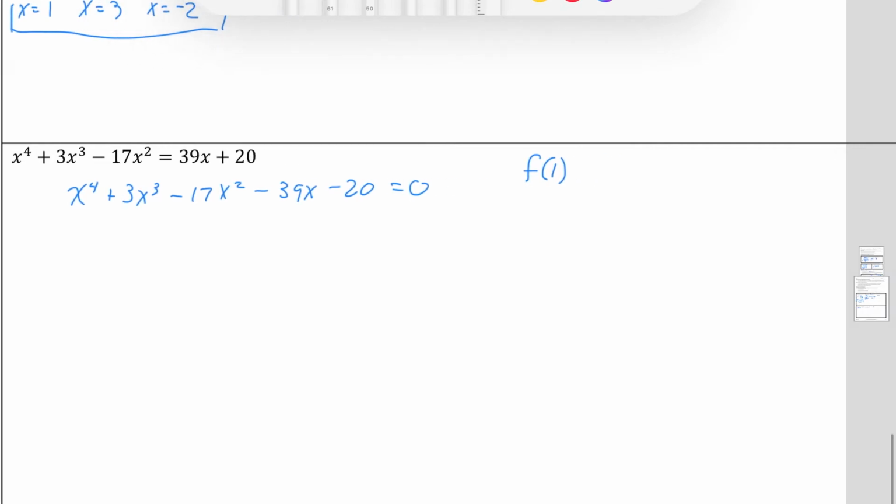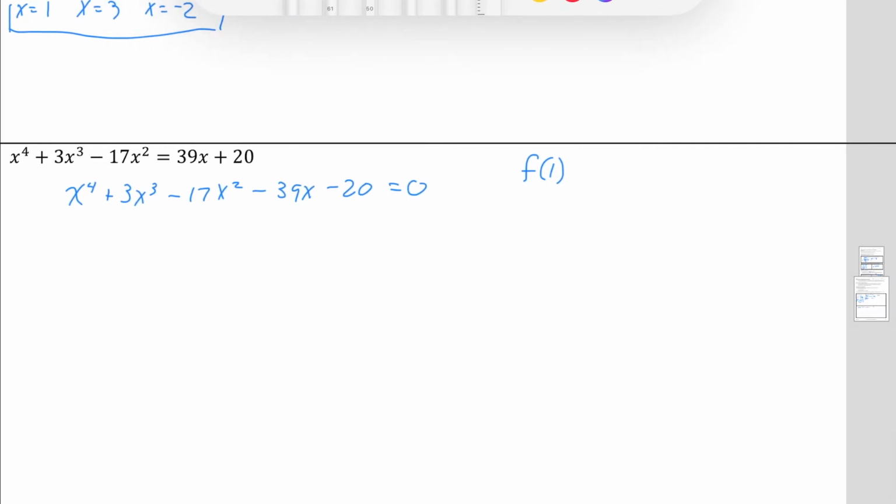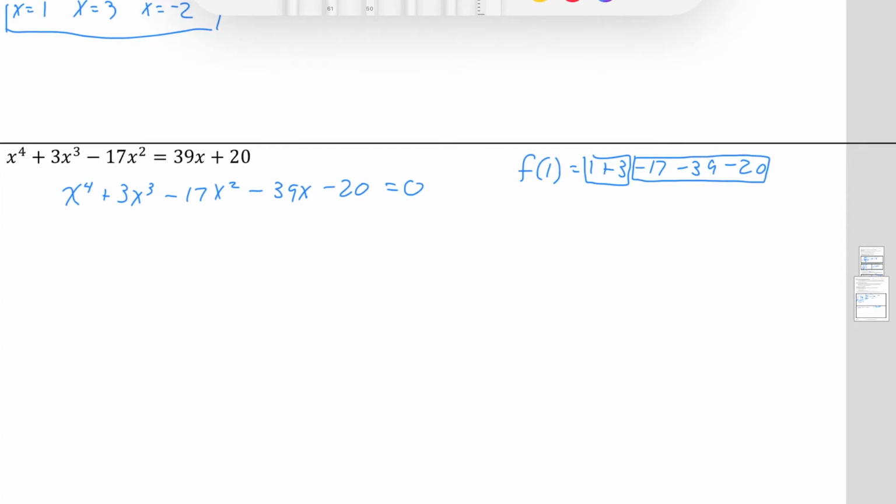We take all of the coefficients and simply add them together. 1 plus 3 minus 17 minus 39 minus 20. You can see that there's a positive 4 in the 1 plus 3, and all of these other negative terms would be quite a large negative number. All I need to be aware of is that that would not equal 0.